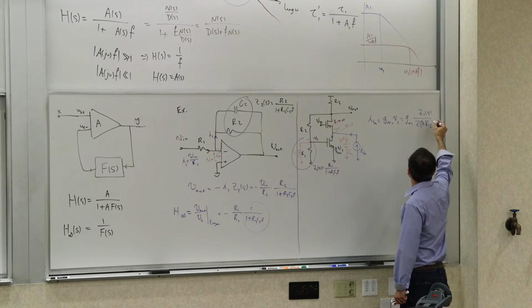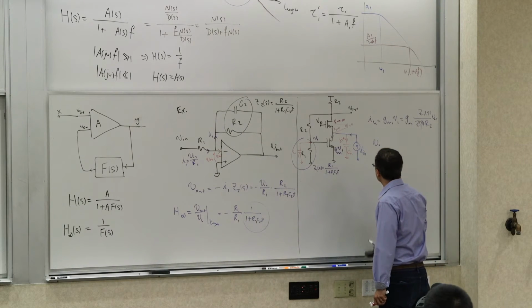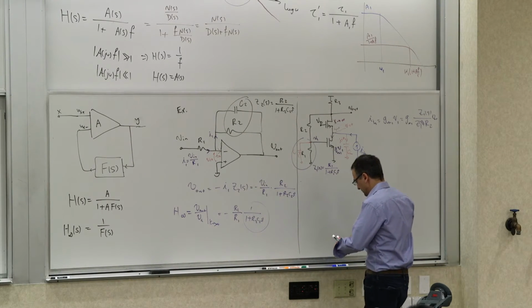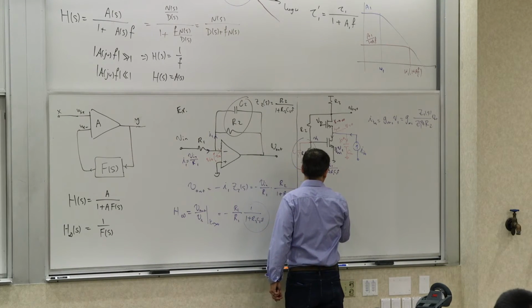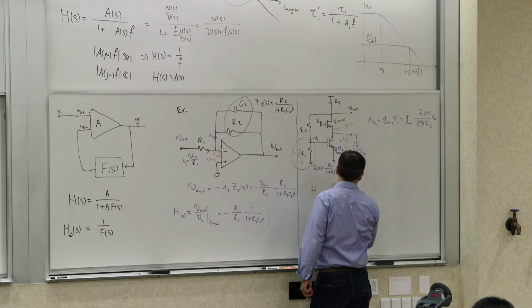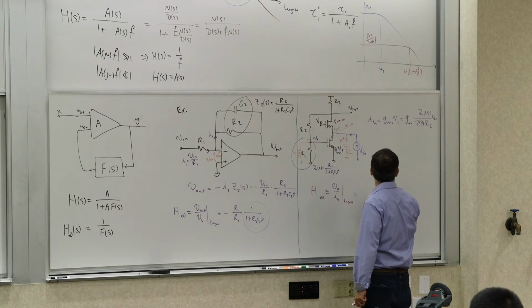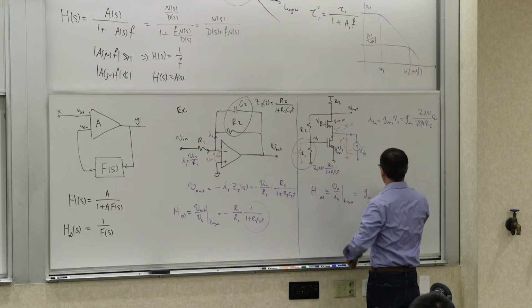So times V out. Therefore, H infinity, the asymptotic transfer function, which is defined as V out over I in for K going to infinity, is GM1, whatever. Now you have to expand this.